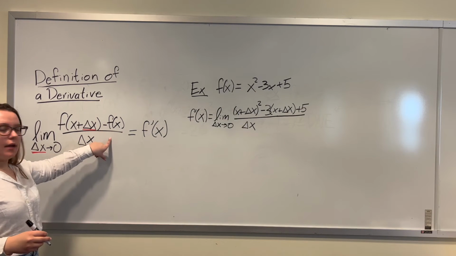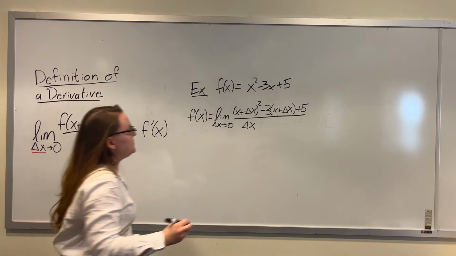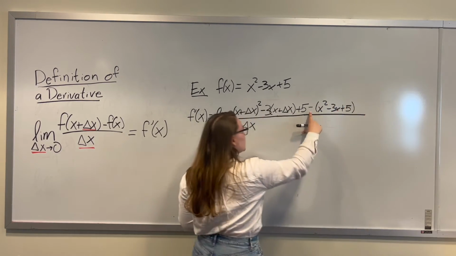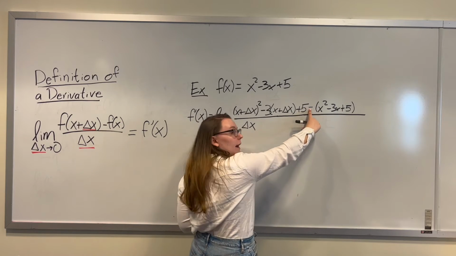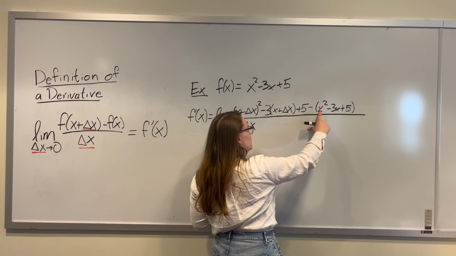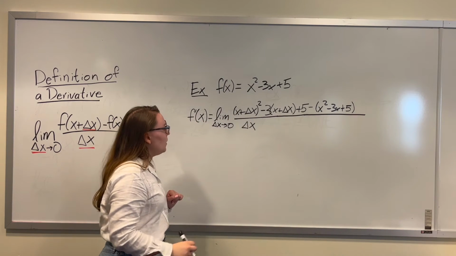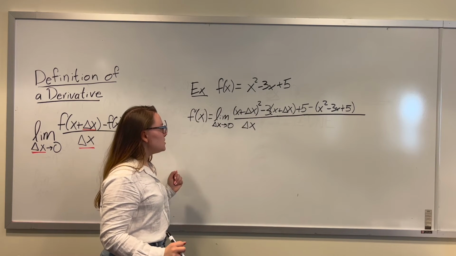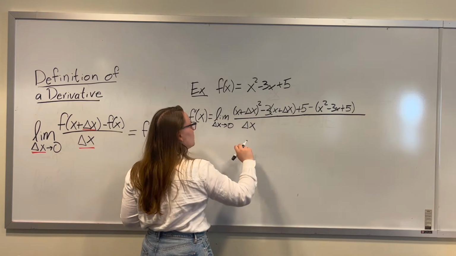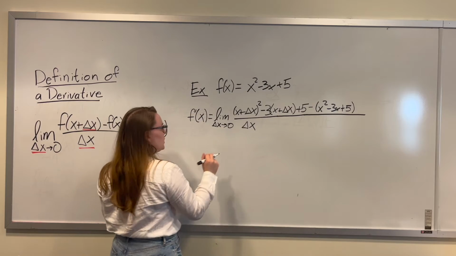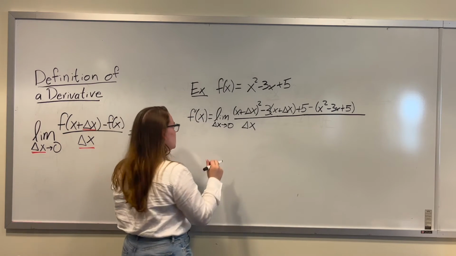And then we subtract our original f of x equation. Don't forget to use parentheses so we can apply the subtraction symbol to every value in our function. So next up, we just need to expand all of this, condense some terms, move everything around, and then we'll be close to our answer.